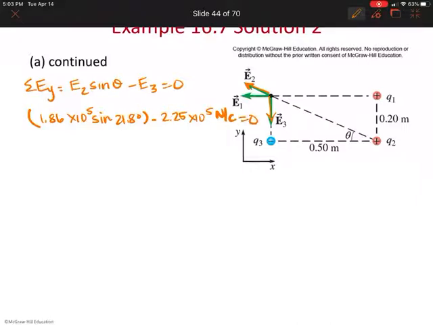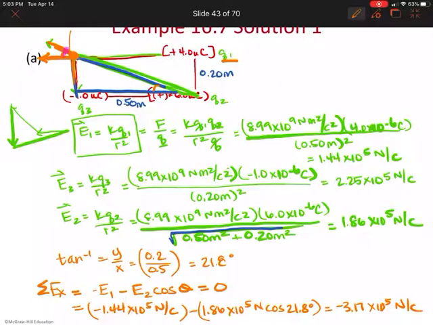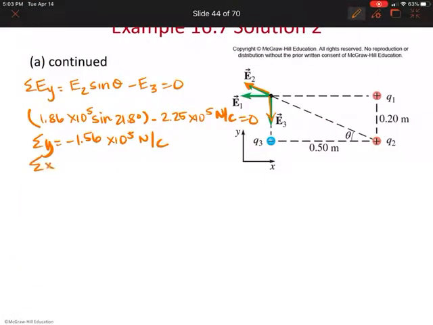And all of that is equal to 0. All right, so you solve for that, and you should get negative 1.56 times 10 to the 5th newtons per coulomb. This is your electric field in the y direction. Your electric field in the x direction was negative 3.17 times 10 to the 5th.